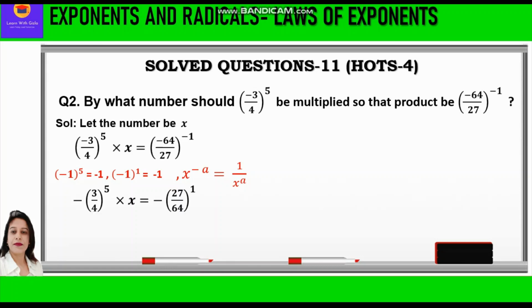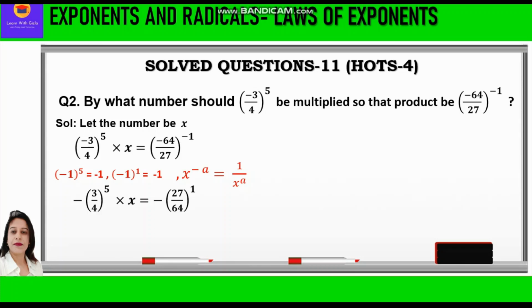So we shall just reciprocate the bases and we will get a positive exponent. So we shall write minus outside on the left hand side also and minus outside on the right hand side also, because both the powers are odd. So we shall write minus in bracket 3 by 4 whole raised to power 5 into x is equal to minus outside in bracket 27 by 64 raised to power 1. That means it is minus 27 by 64 only.